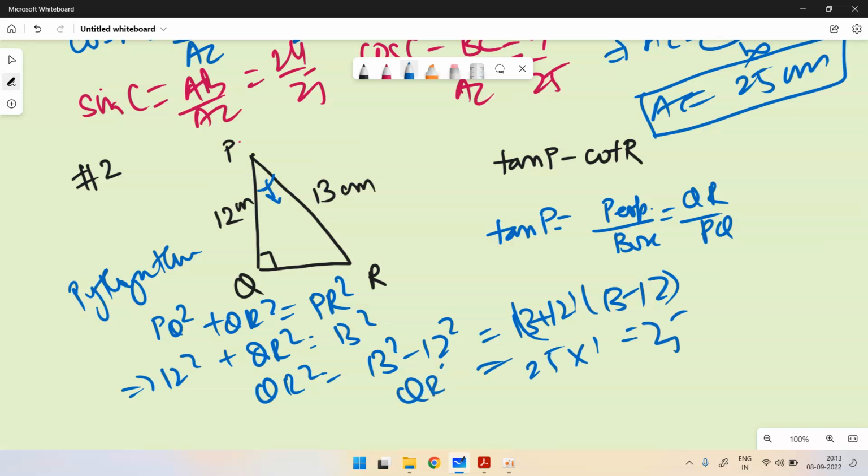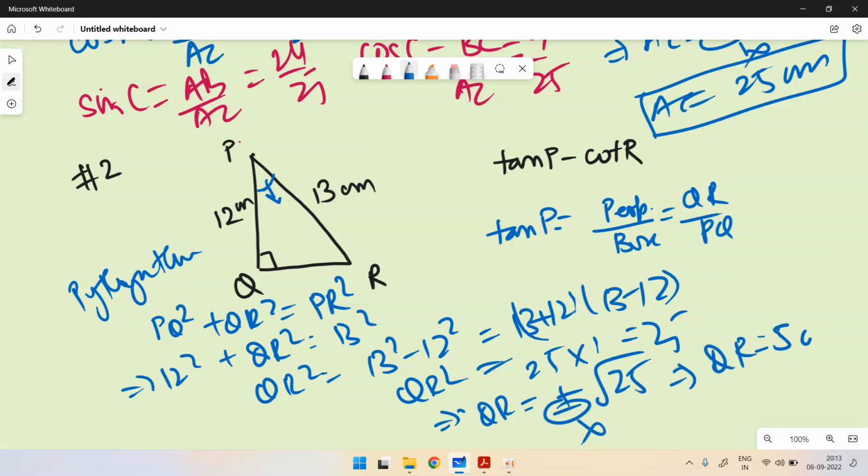So QR square is 25, which implies QR equals plus minus under root 25, negative neglected, so QR is 5 centimeters. So tan P is QR by PQ, which is 5 by 12.